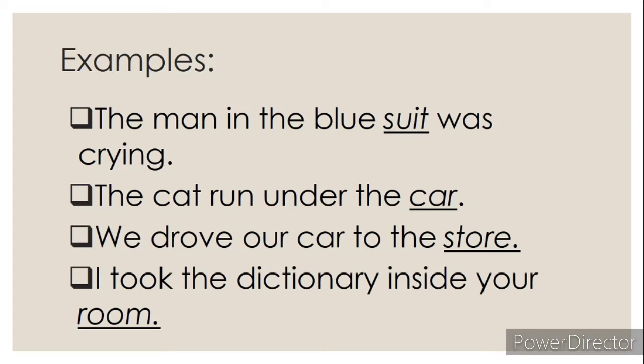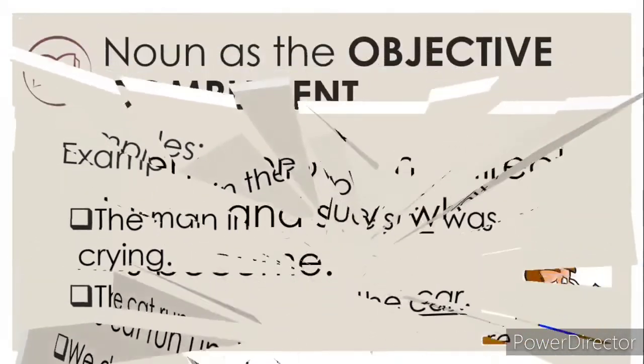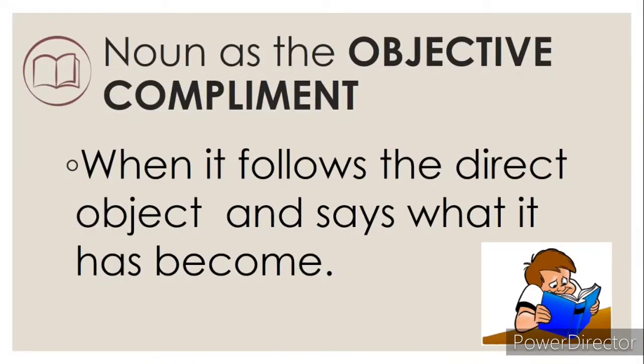Okay, last three. Now, let's proceed with the object complement or objective complement. Noun as the objective complement when it follows the direct object and says what it has become. Okay, again, it says what it has become.